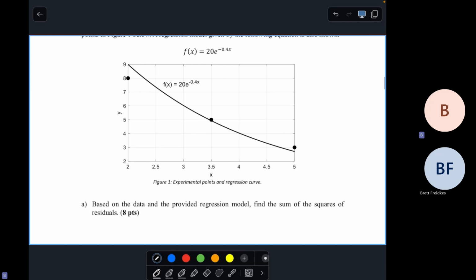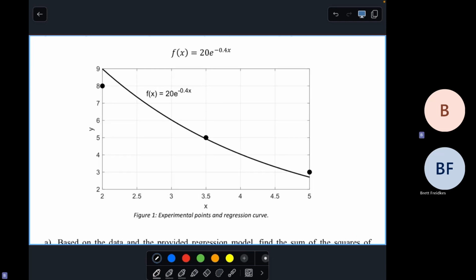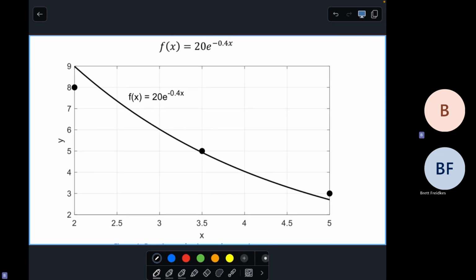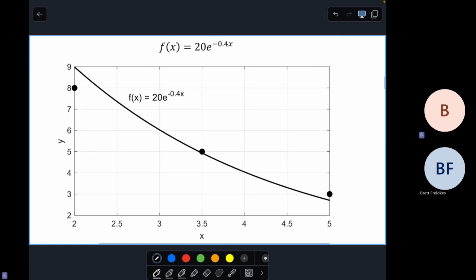Yes, those data points are exact. So if you want to zoom in on the graph. Now you can't just look at the curve and say, oh, that curve is equal to something. You have to do something else to find the values based on the regression model.